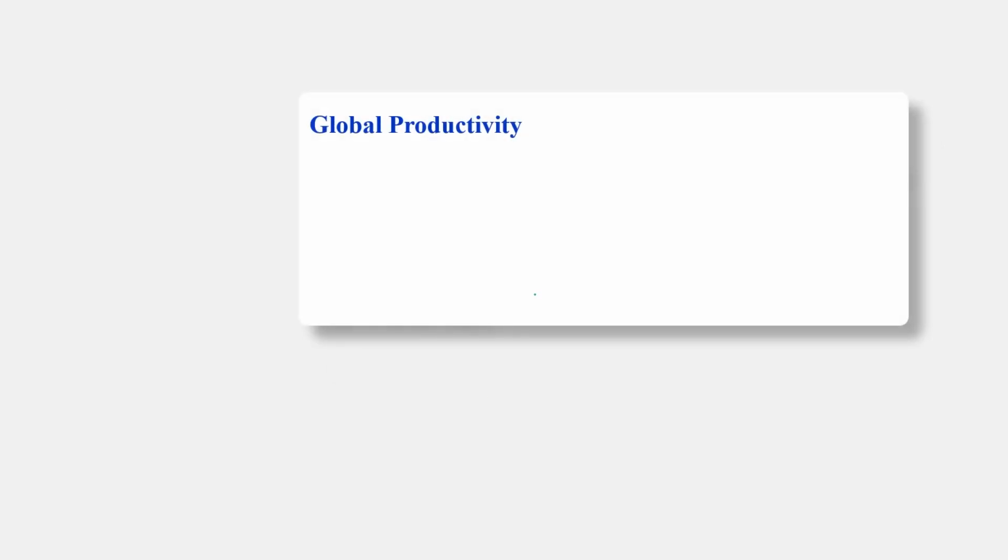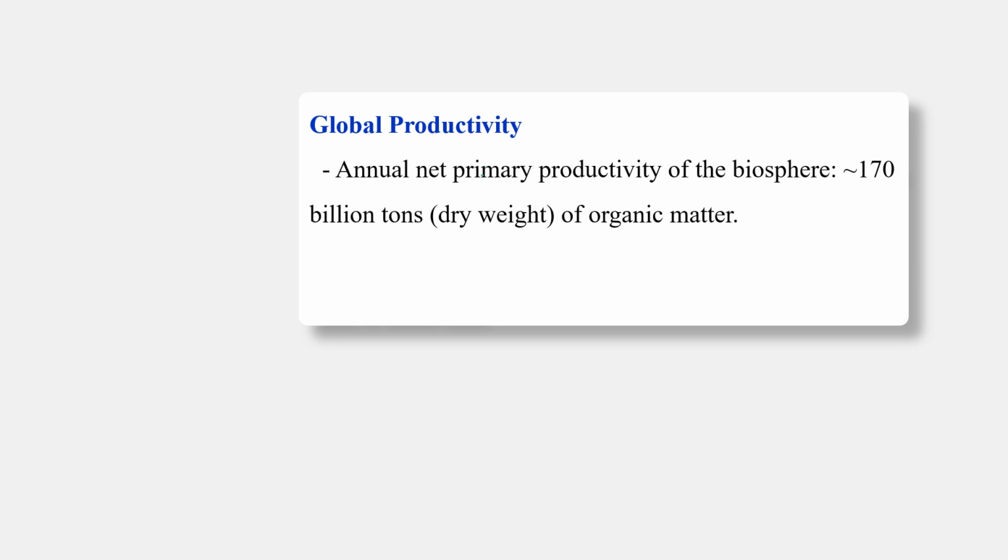Now global productivity. Global productivity means annual net primary productivity of the biosphere. At the globe level, this is about 170 billion ton dry weight of organic matter, throughout the globe collectively.